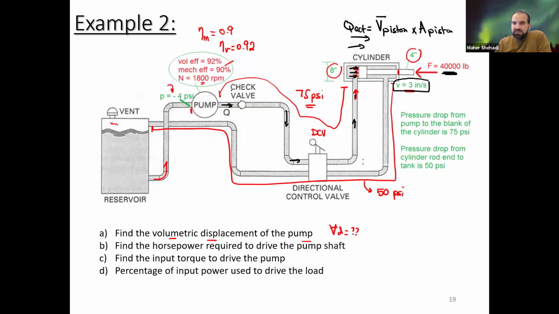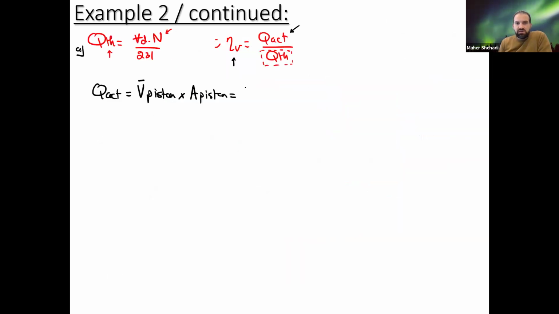So what's the speed? 3 inch per second. And then the area is simply pi over 4, 8 inch squared. So this would be in cubic inch per second. If I divide by 231, I should get the answer. Actually, it's per second, so be careful. Let me see, pi over 4 d squared times 3.